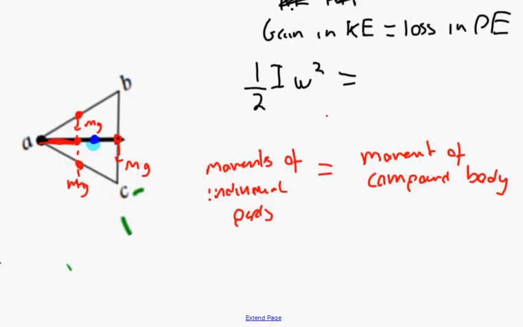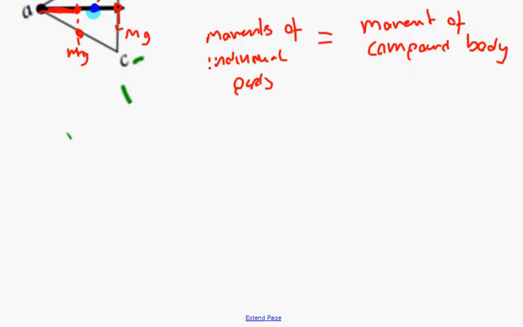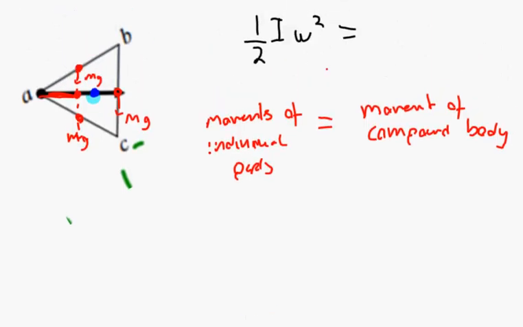Okay, so what we're going to do is this. What I'm basically saying is that this body here, which is currently at A, and this is mg going downwards, which is a distance root 3 over 2 L away. Would you agree with that?